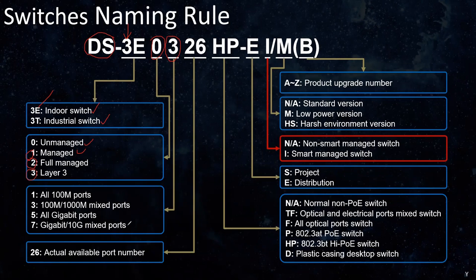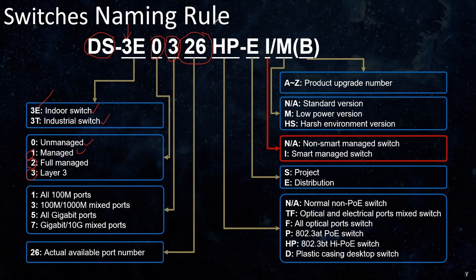So you can get an idea what kind of port mixture this switch is carrying just by looking at the naming rule. And finally, this is very important: you can get an easy idea about how many ports are available in this switch. Here in this example, you can see 26 ports are available in this switch.